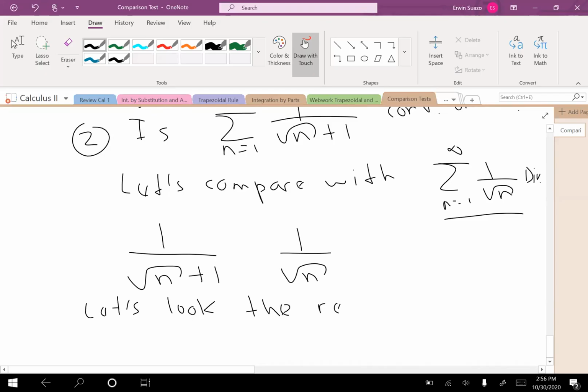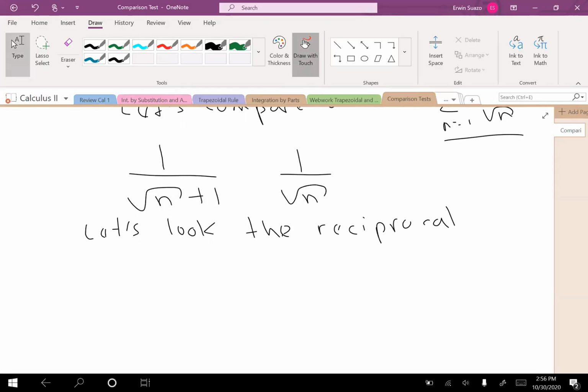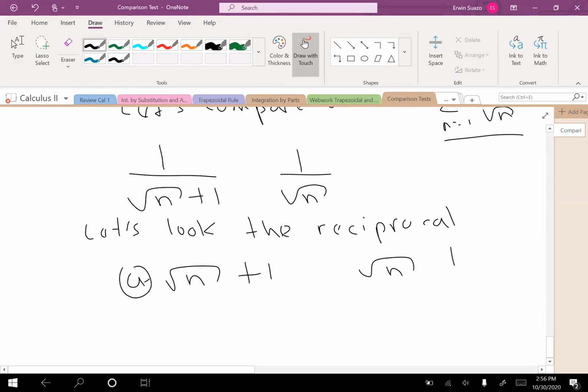I will call it reciprocal, though I'm not sure if it's correct. If we look at the reciprocal, it will be something like this. Who is bigger, A or B? A. So this one is bigger than this one.